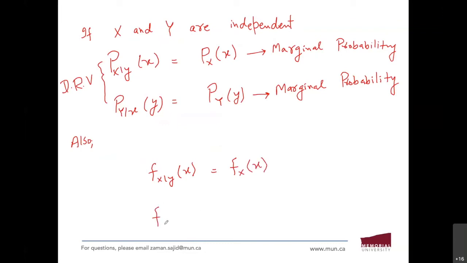If you have y given that x and x and y are independent, this should be equal to your marginal probability of y. These are the relationships when you have the continuous random variable.